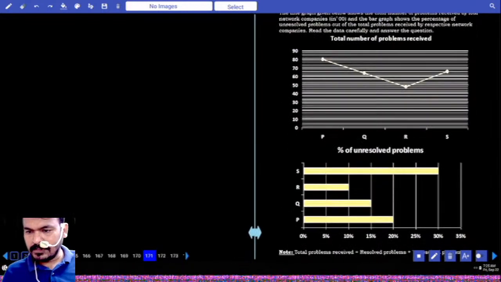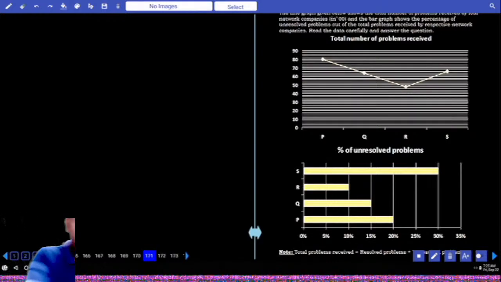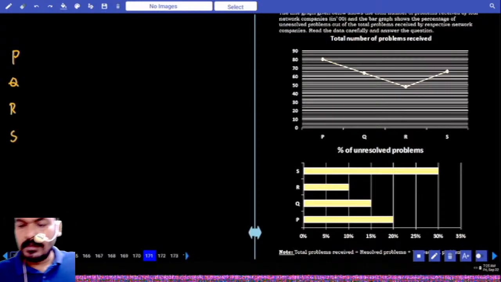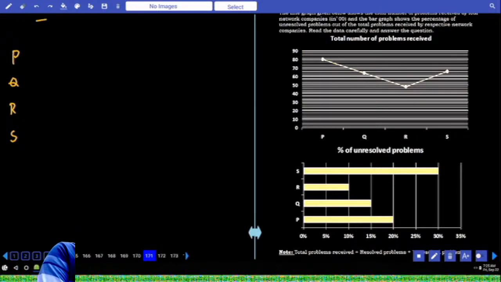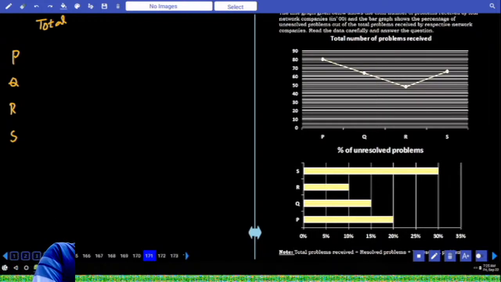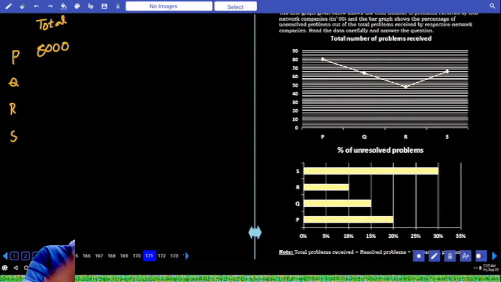Read the data and answer the questions. First, total number of problems received. P, Q, R, S, 4 companies. Total problems received. First one is how much? 80 means 8000 or 800? It is multiplied by 100. 80 into 100, 8000.